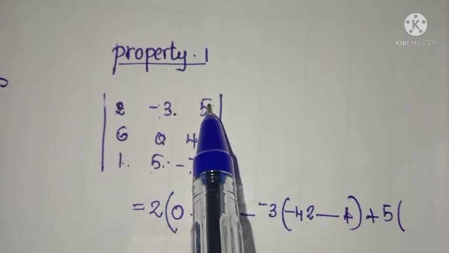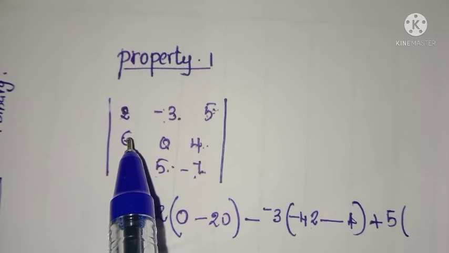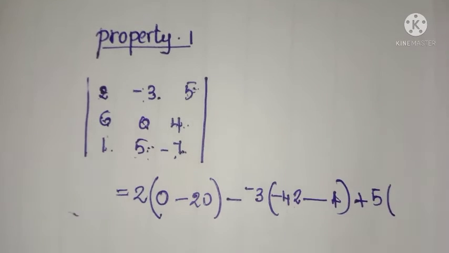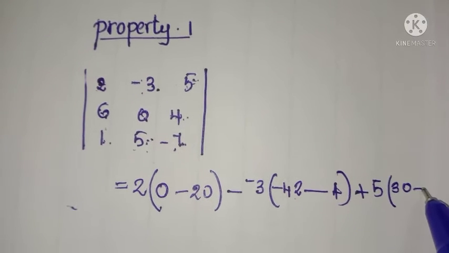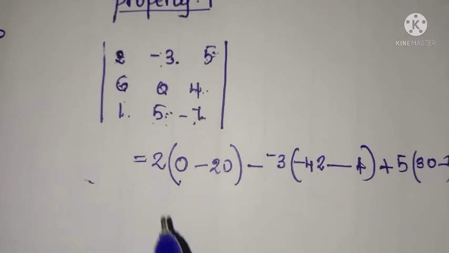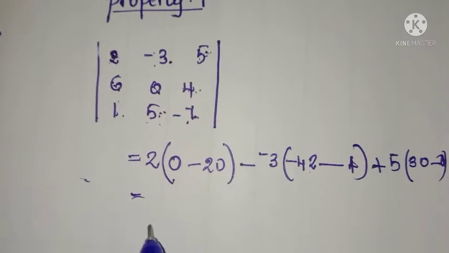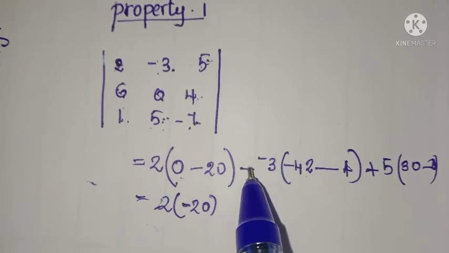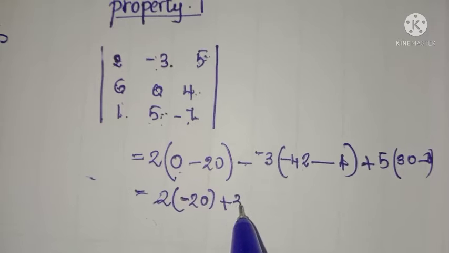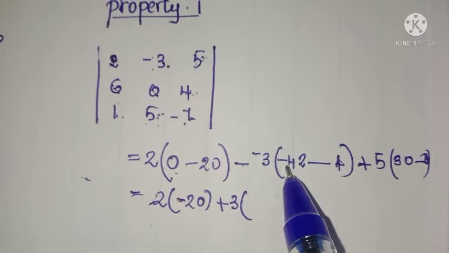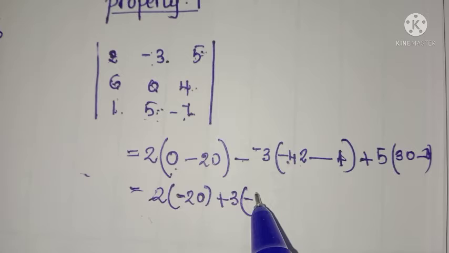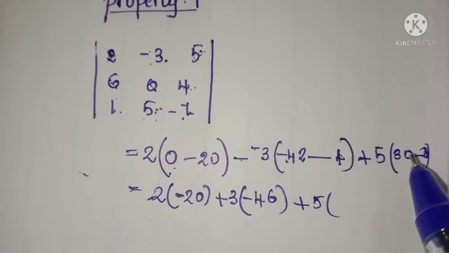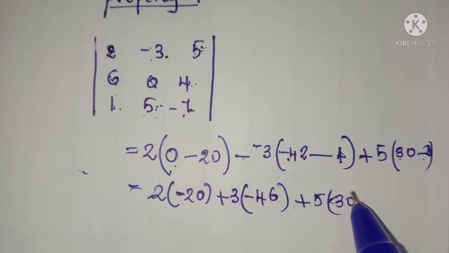5 belongs to first row third column. So eliminate first row third column. We can see the determinant 6, 0; 1, 5. So this becomes 6 into 5, 30, minus 1 into 0, 0. So this is equal to 2 into (0 minus 20), minus 20, minus into minus, plus 3 into (minus 42 minus 4, that is minus 46), plus 5 into (30 minus 0, 30).